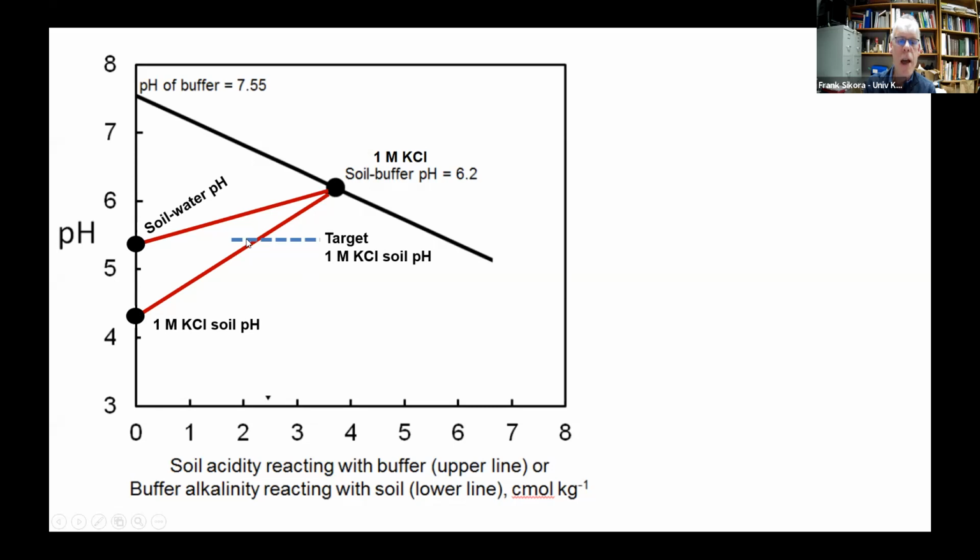Working with all this, you have to get the relationship between your soil water pH and 1 molar potassium chloride soil pH. It's approximately 1, so that's why you see this decrease of 1 pH unit. And this target pH of 5.4 is approximately equivalent to 6.4 for a soil water pH.